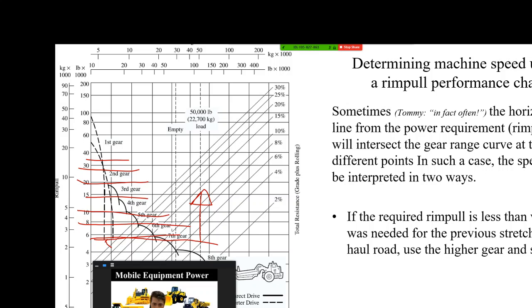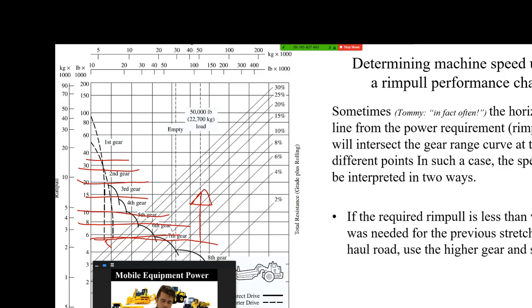You have 3 different rimpulls here, and a haul road could have different grades or different conditions, so you will obviously need different rimpull forces. You should compare the number you find here with the effective rimpull in the previous section of the road. You compare the 2 values to one another.